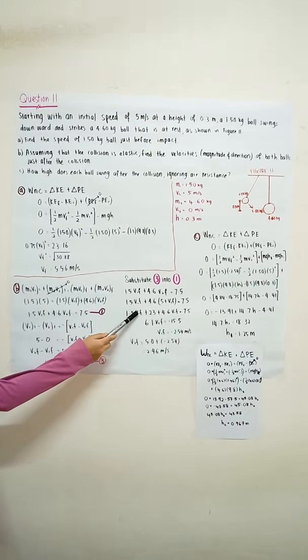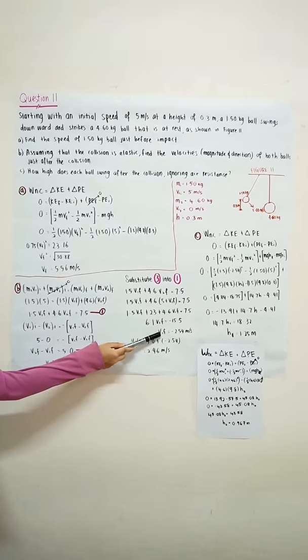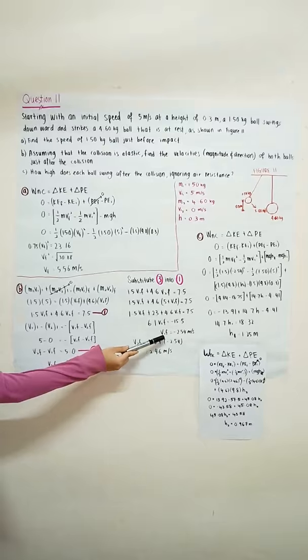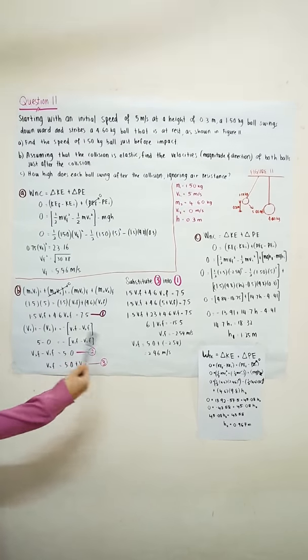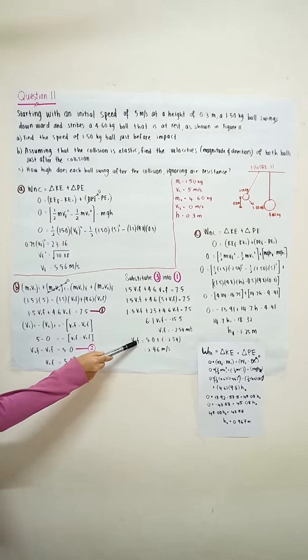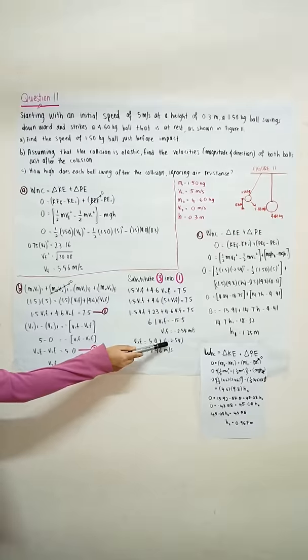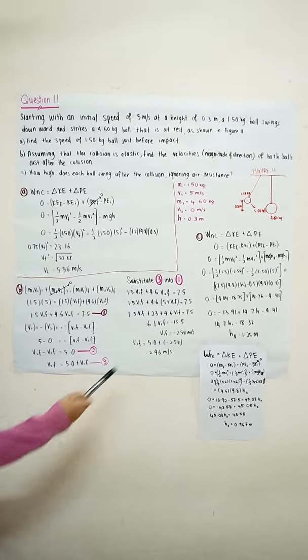And then we simplify and solve it, we get v1 final equals negative 2.54 meters per second. And then when we get v1 final, we can find v2 final from this equation. So v2 final equals 5.0 plus negative 2.54. We get 2.46 meters per second.